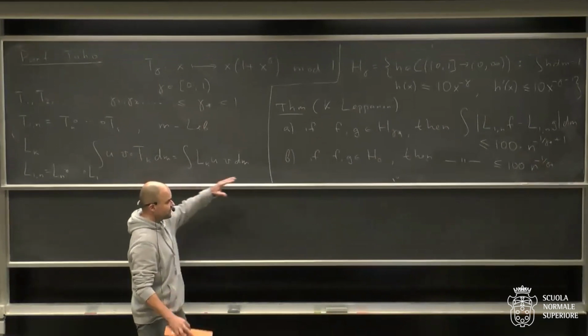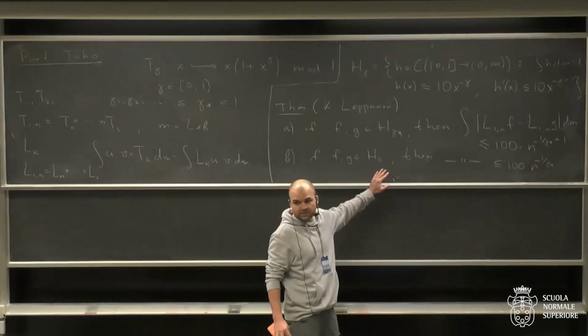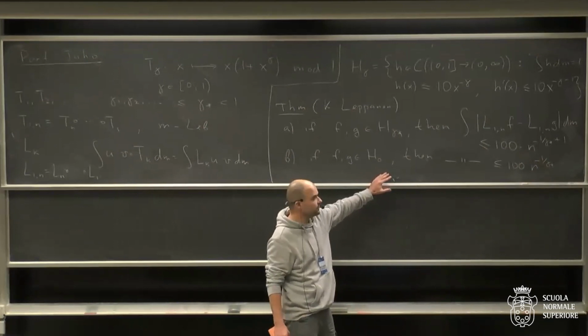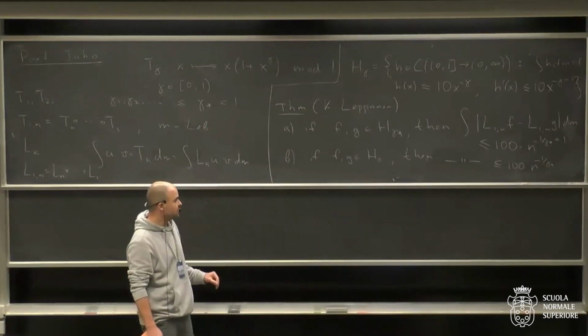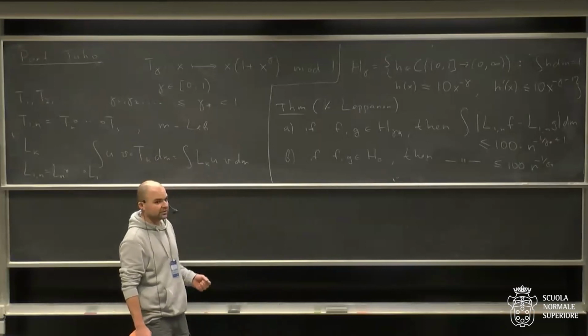We know that these rates hold for stationary sequences of intermittent maps. And we know that they're optimal. This is Gouëzel in 2003, maybe. We also know that these kind of results hold and are optimal for Markov chains, which look like intermittent maps.